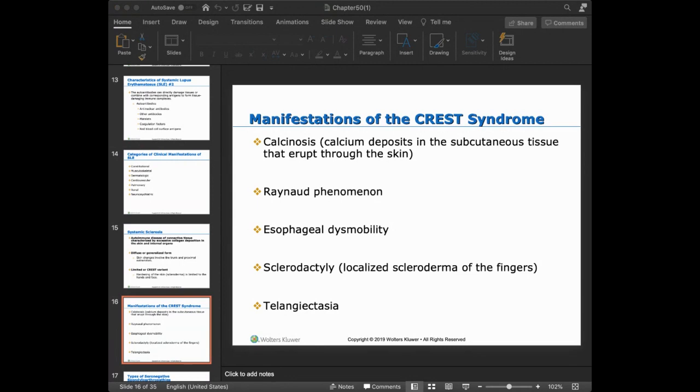We also can see in their lips, particularly when they get very cold, their lips will turn purple, their fingers will turn purple. They lose some of the perfusion to their fingers and toes because they've got all this scar tissue or hardening, these calcium deposits that are preventing normal blood flow.